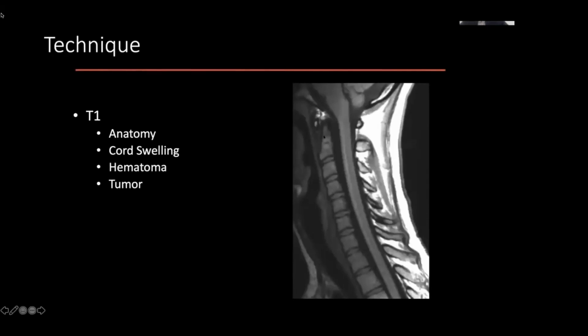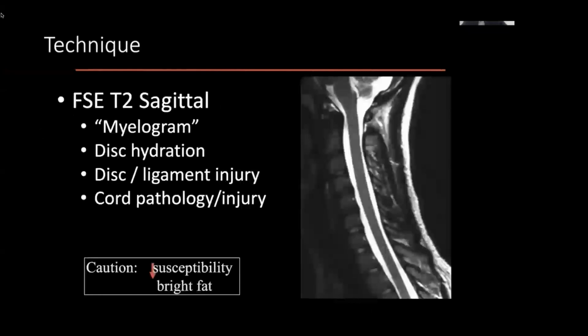So we typically use it for anatomy, because blood products also have specific characteristics on T1 sequence. It's quite useful for showing things like hematoma, because marrow signal changes when you have infiltration, the typically intermediate signal of tumor becomes very dark. Therefore, it can be very good for looking for tumor infiltration.